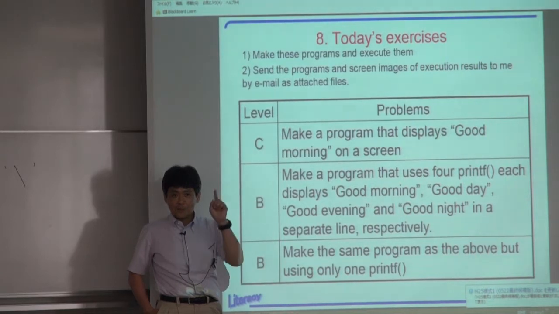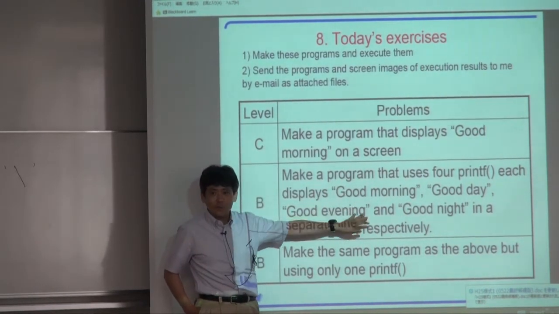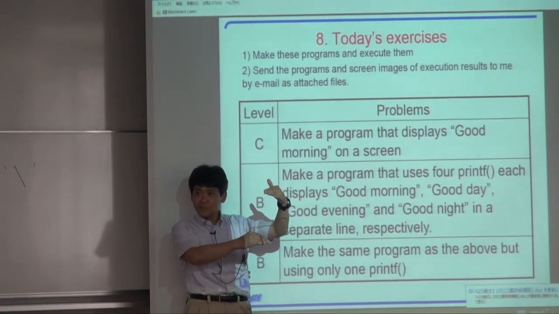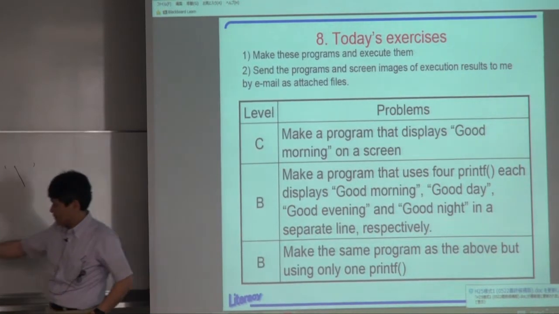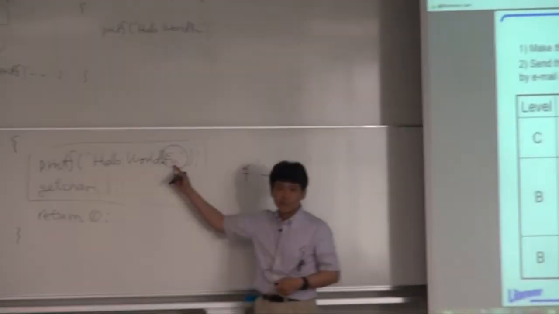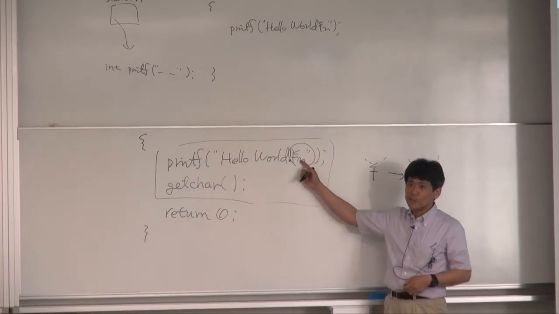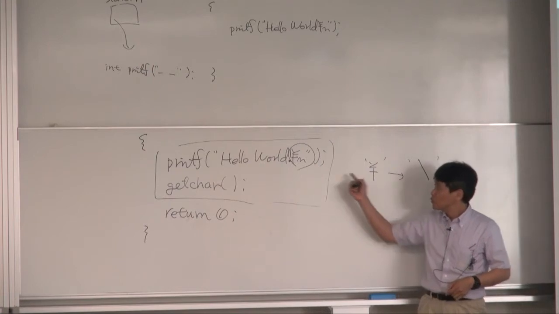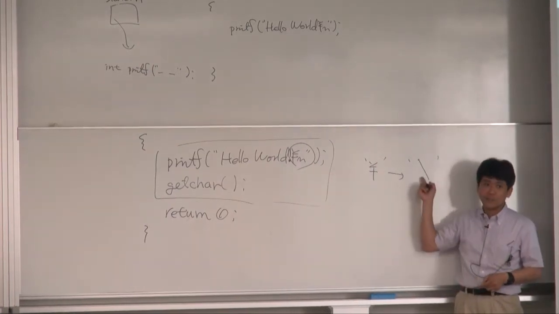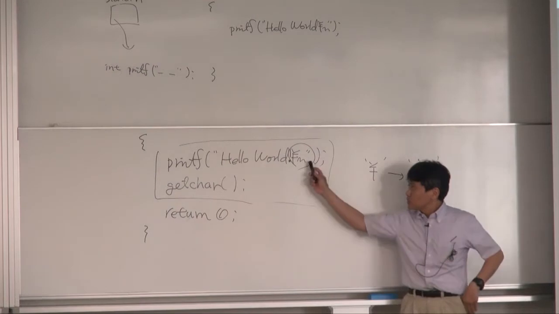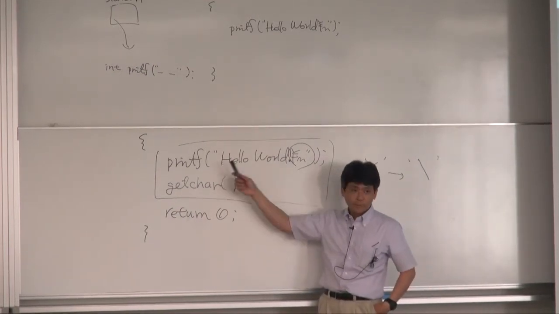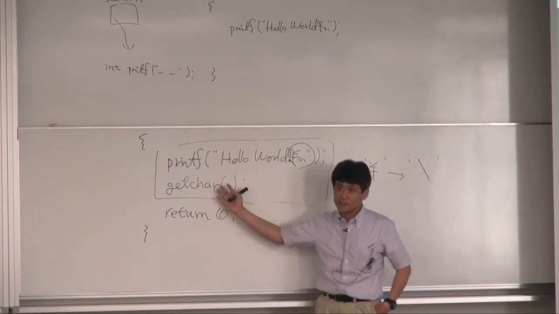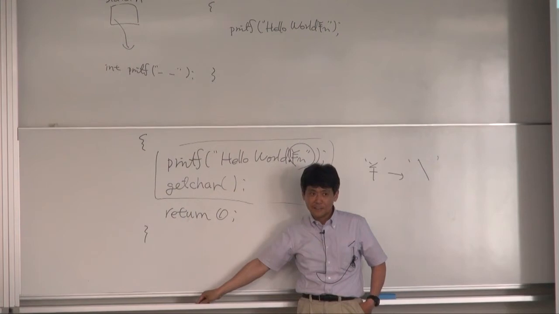To display these four sentences, strings, on the computer in different lines, you have to put this character. This character means line feed, carriage return, line feed. If you put this backslash character at the end of a string, the next string will appear on the next line. Do you understand?